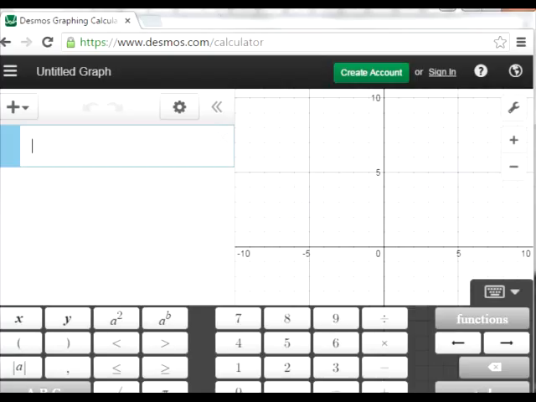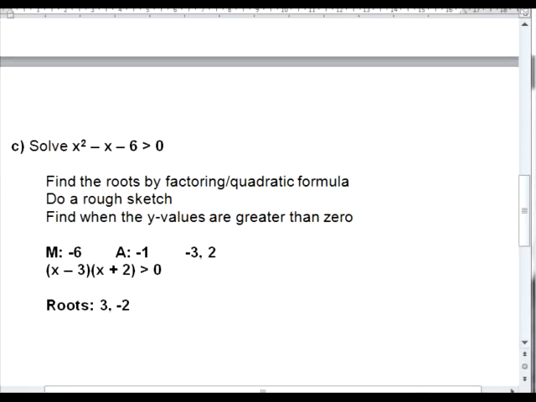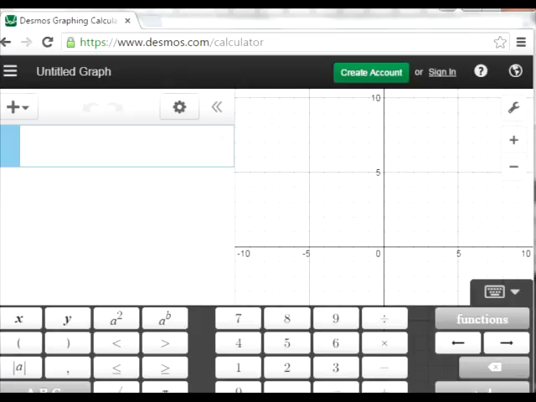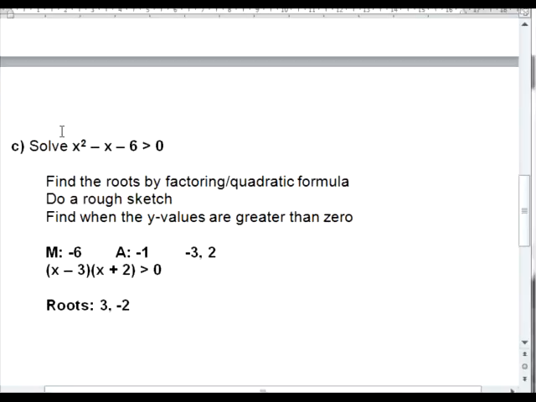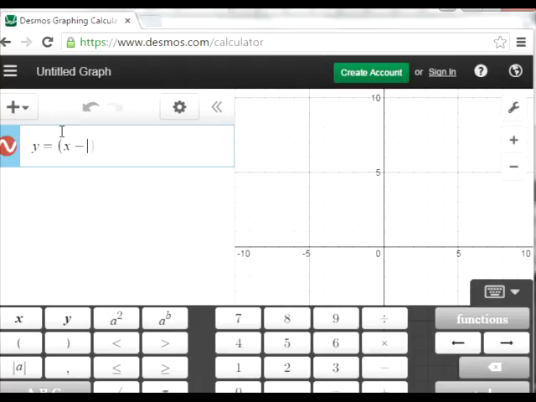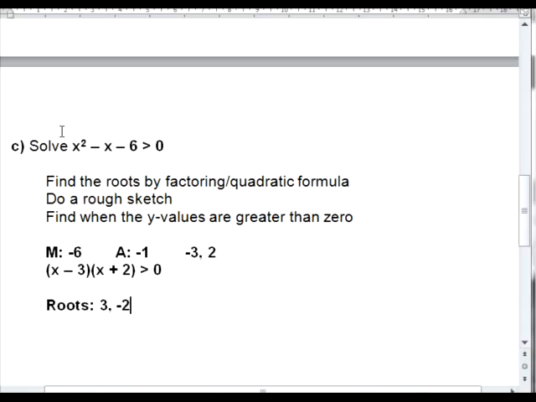Now luckily I have a beautiful graphing program here. So if I put down y equals, y equals (x - 3) times (x + 2).